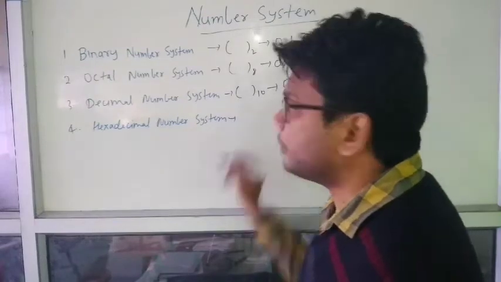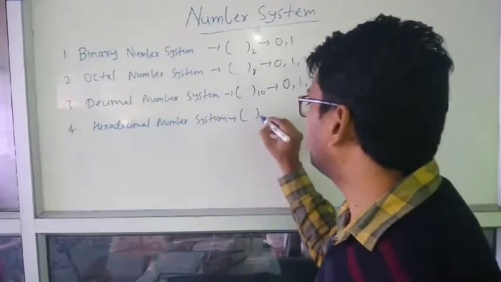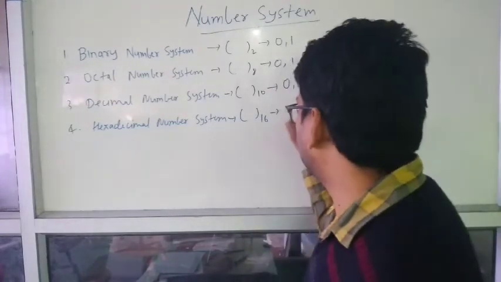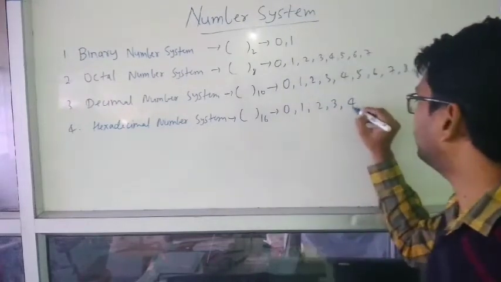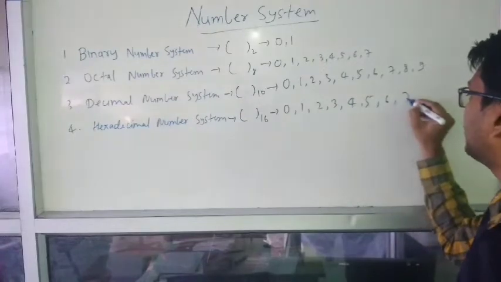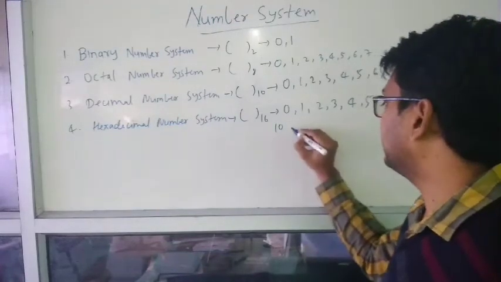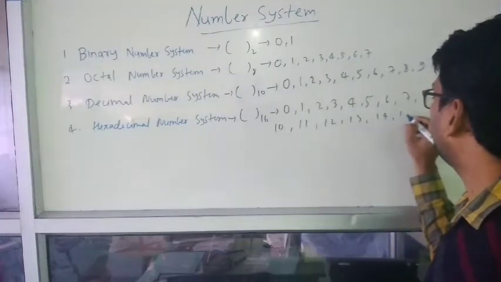And when we talk about the hexadecimal number system, here we can represent it with radix 16, and the numbers which can lie are 0, 1, 2, 3, 4, 5, 6, 7, 8, 9 and 10, 11, 12, 13, 14 and 15.